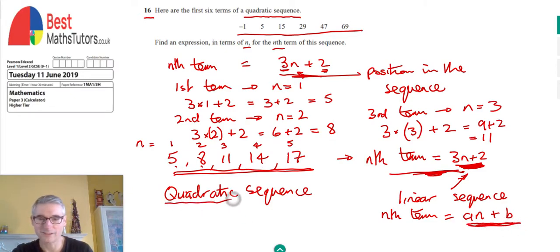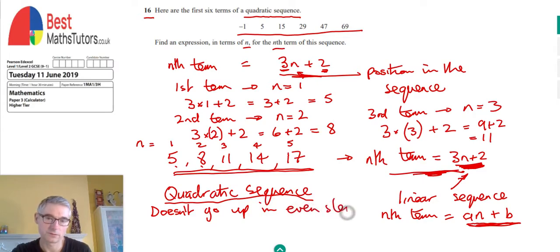For a quadratic sequence, it doesn't go up in even steps each time. And the general formula for a quadratic sequence is a n squared.